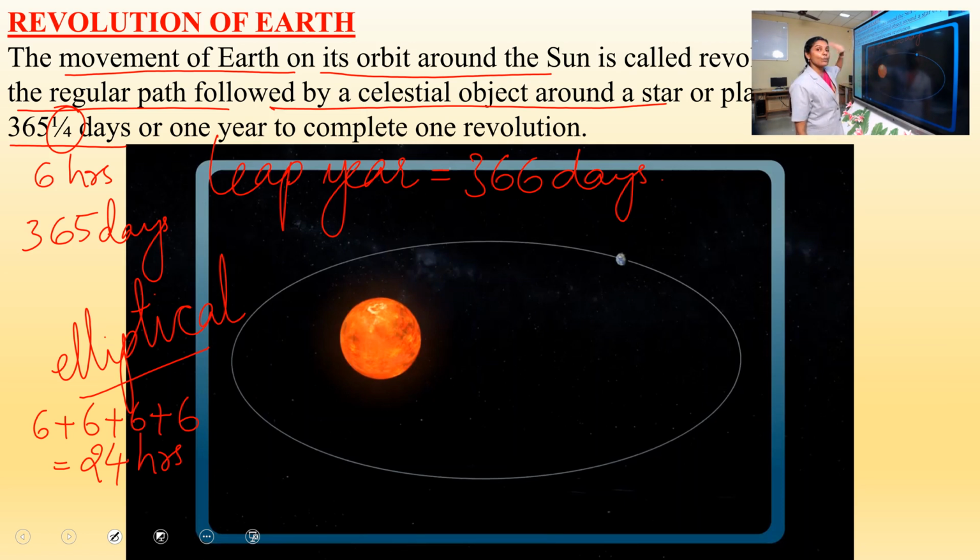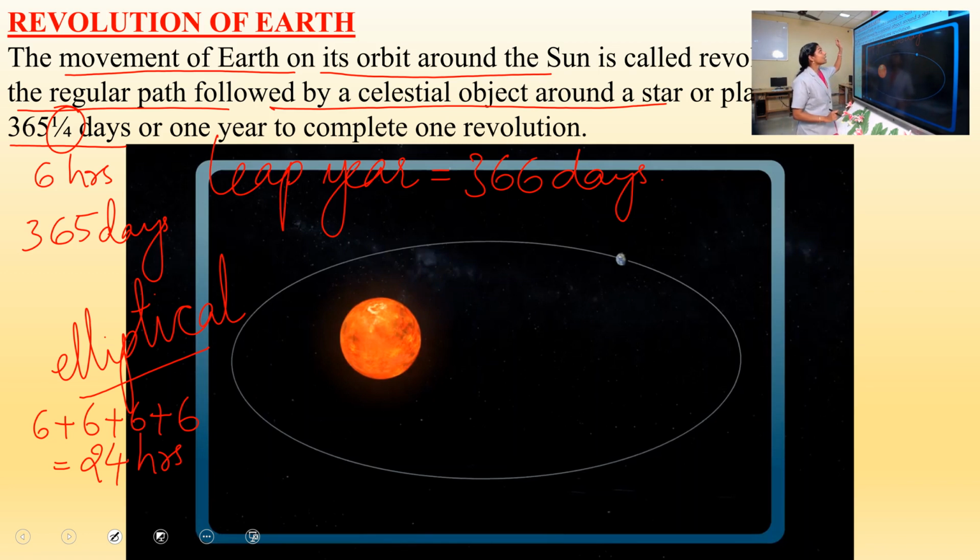We are not counting the 1 by 4 or the 6 hours. That will be included in the 4th year. That is leap year. Okay. So you don't have to study what is leap year. Just know what is the definition of revolution and how many days are being taken for the completion of a revolution of the earth. Okay.